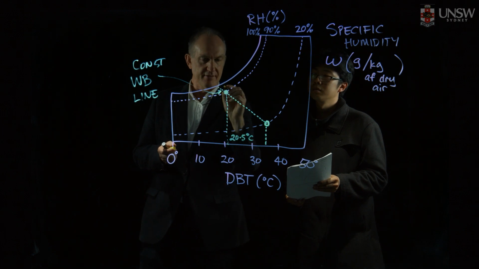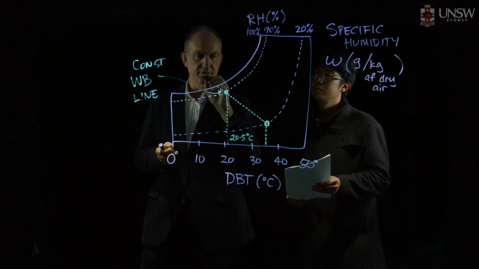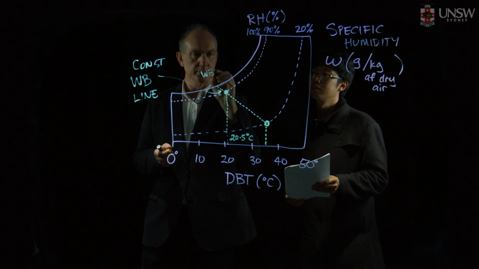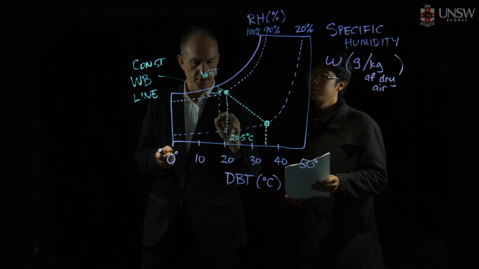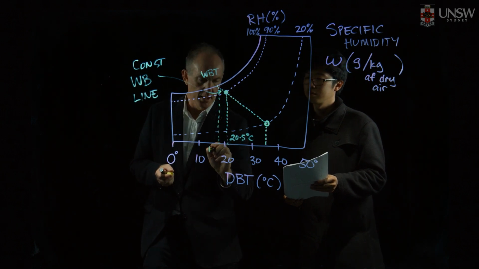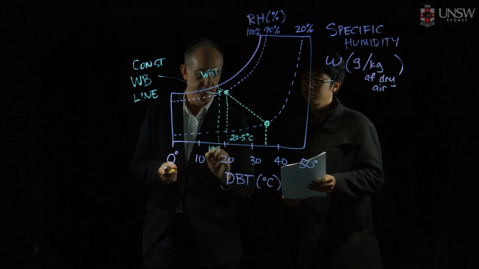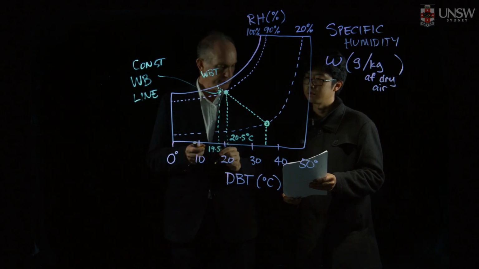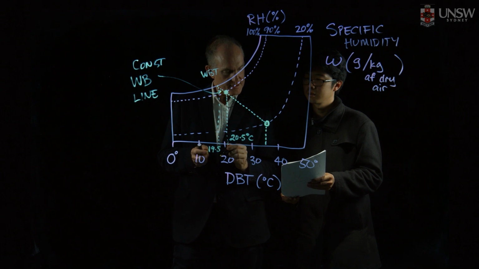We might also just have a look here and see, just out of interest, the wet bulb temperature. It turns out to be, I think, 19.5 degrees Celsius. And I think that's all we need to answer for the first part of our question.